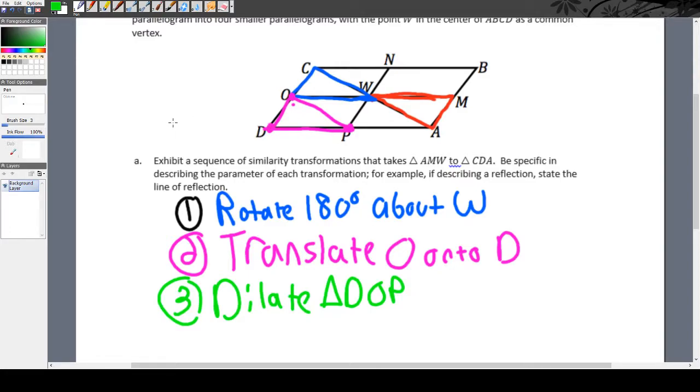The scale factor in this case is just going to be 2, because we have this original distance here, and we're just making it twice as big on that end. And the same thing here. We have this original distance there, and making it twice as big. So our new points are going to end up at C and A. And when we connect our triangle, it's going to look like what we want. So we're dilating DOP with a scale factor equal to 2.